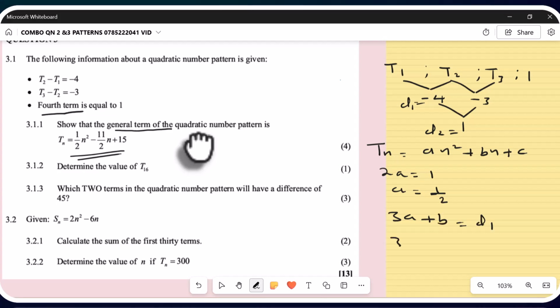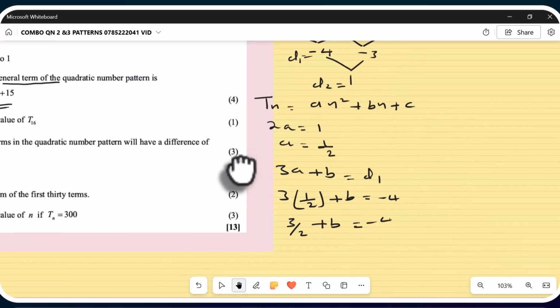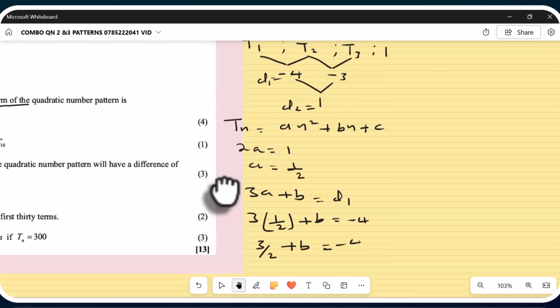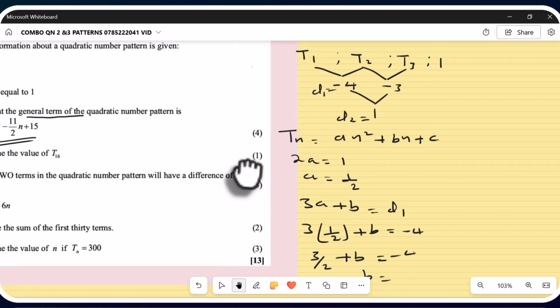On the calculator, b equals negative 4 minus 3 over 2, which gives us negative 11 over 2. After getting a and b, we can get our c.